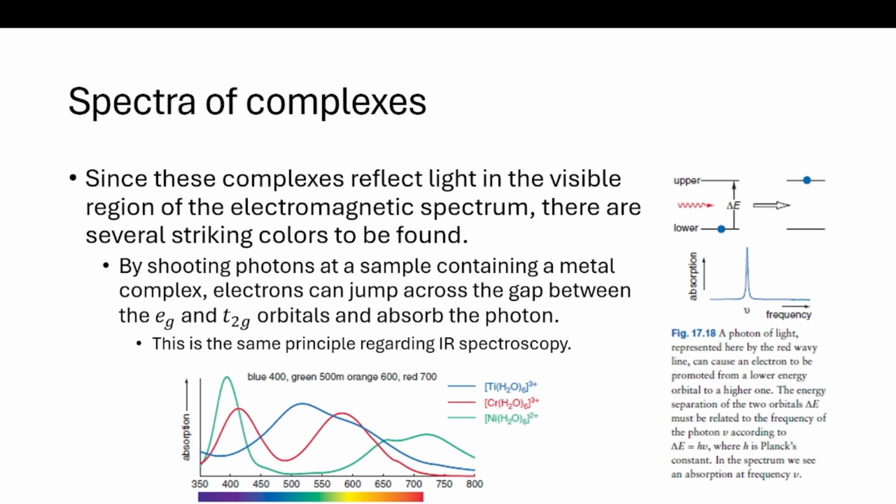And based on the octahedral splitting energy, different photons at different wavelengths can be absorbed. That's because of the splitting energy being changed.